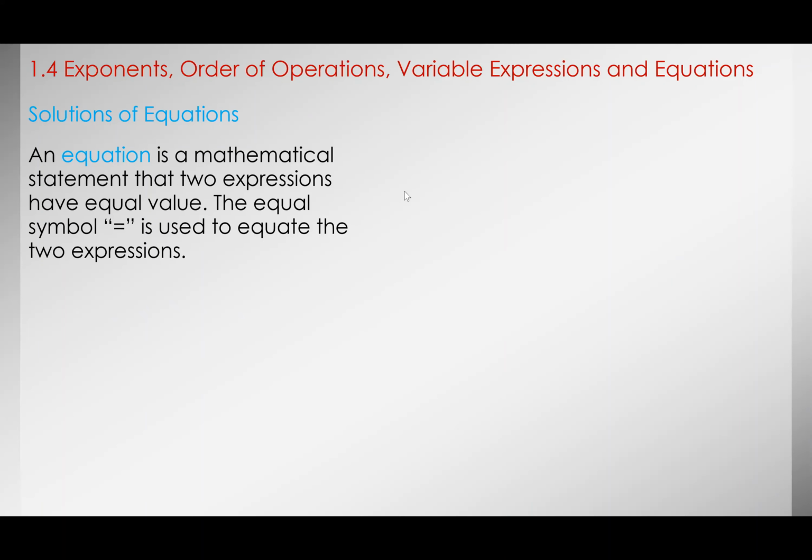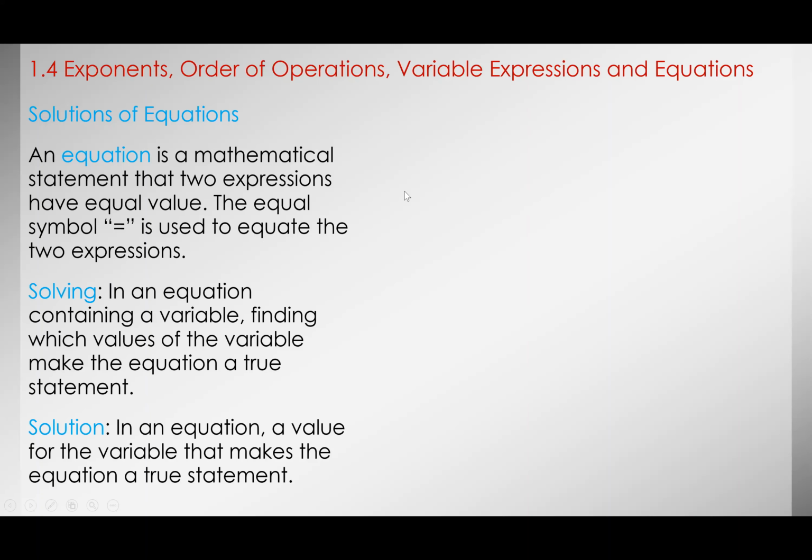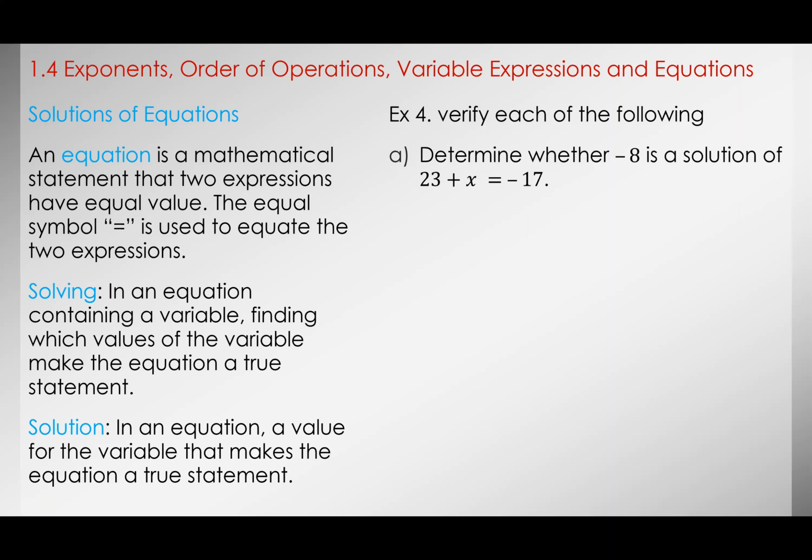For now, we will not solve yet. What we will do is ask you to verify if the number I give you is the solution. So how do we know if the number that we give you is a solution for an equation, meaning something like this? Determine whether -8 is a solution for this equation here.